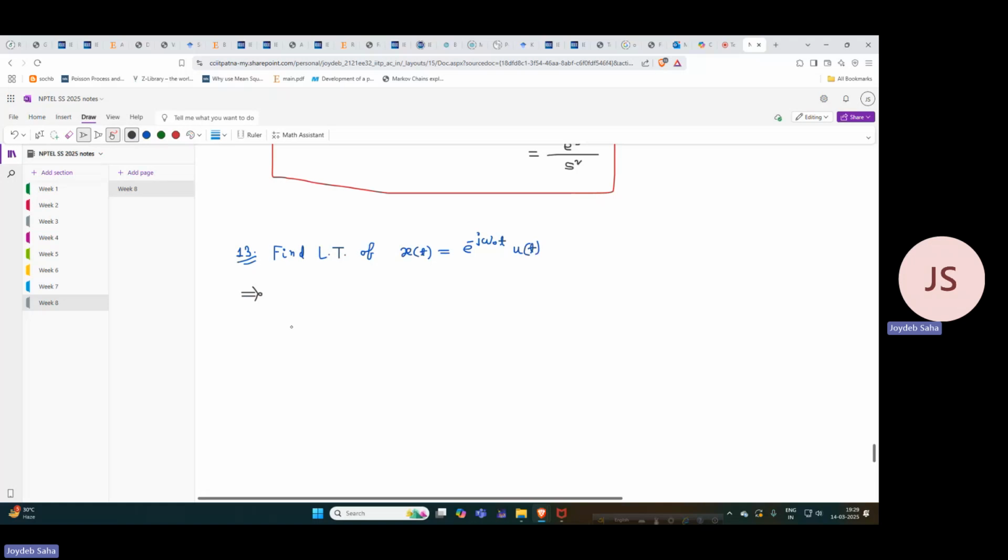It is very simple one-line problem, but it is very important and interesting. Why important? Because in upcoming few questions we will use this.